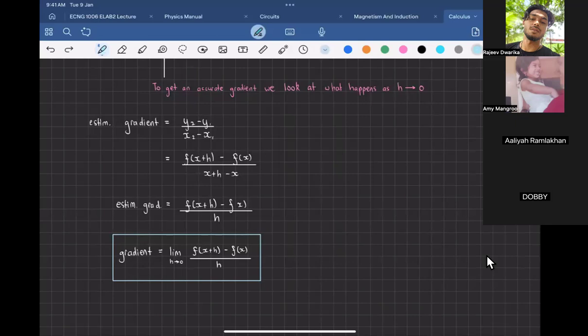All right. Aliyah, you have that formula copied down? Yeah, I'm writing it down on the last line. Okay.